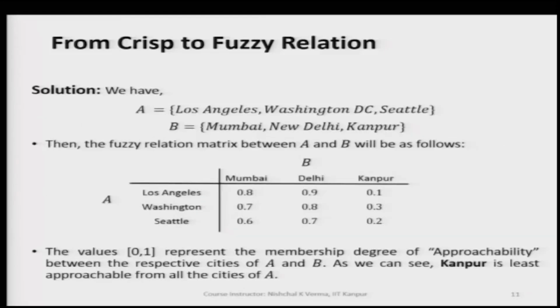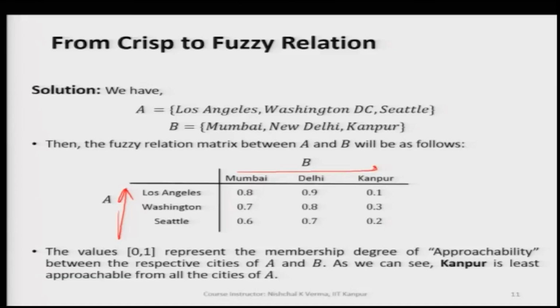As I have already mentioned, we have two sets, A and B. Both the sets are crisp sets, but when we talk of approachability, this cannot be very well expressed. But when we use a fuzzy relation matrix, as you have seen in the previous slides, we have A as the set of cities and B another set of cities.